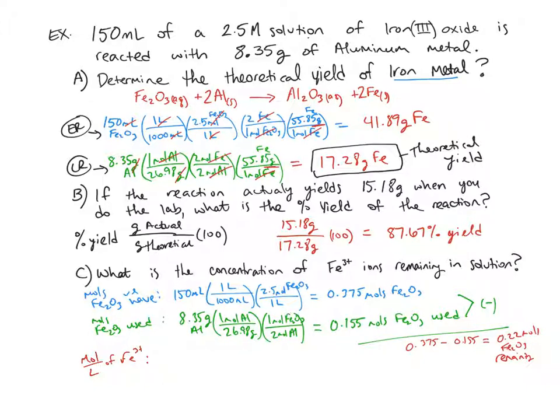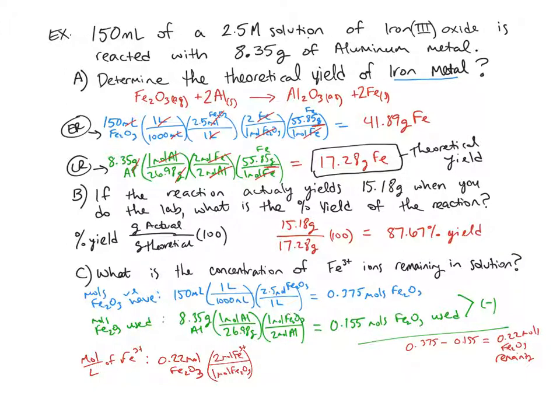So we know that we have 0.22 moles of iron oxide. Now I want to know how many moles of iron ion that is. I know that for every 1 mole of iron oxide, look at the formula, I have 2 moles of iron ion. Now I'm in moles of iron ion.